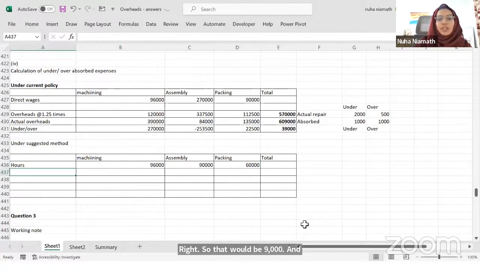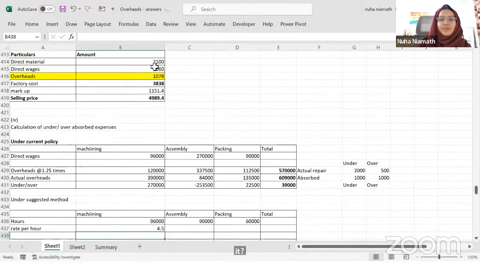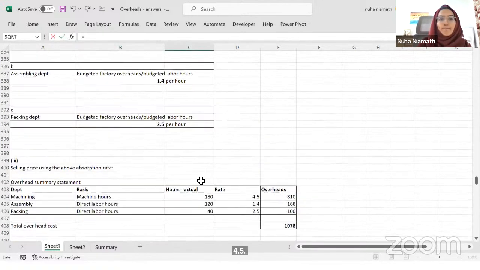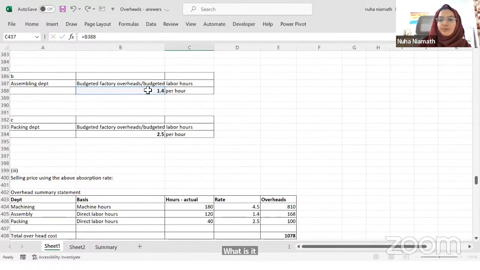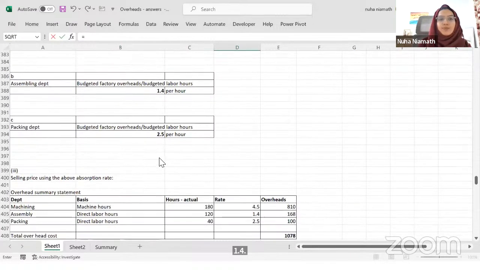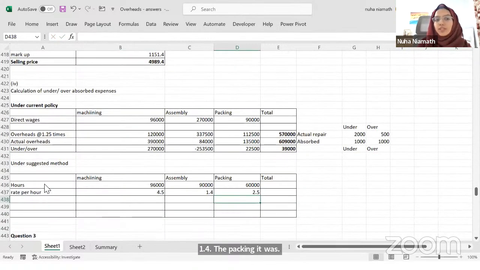Now, we have already calculated our absorption rate. What is it? For machining, it was 4.5. For assembly, it was 1.4. For packing, it was 2.5. So this is our budgeted rate, correct?